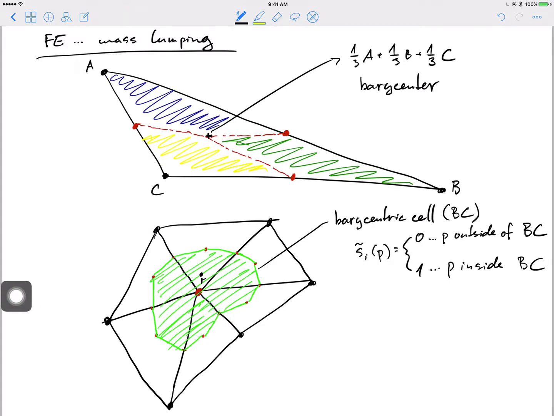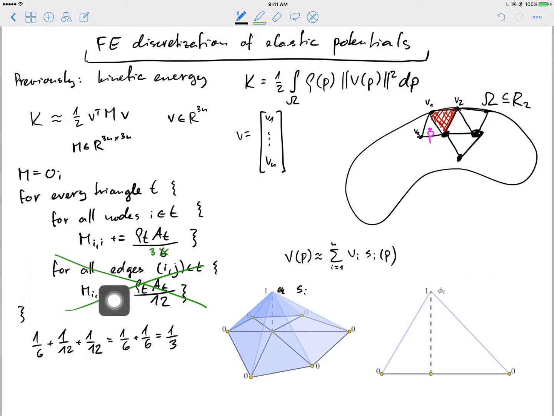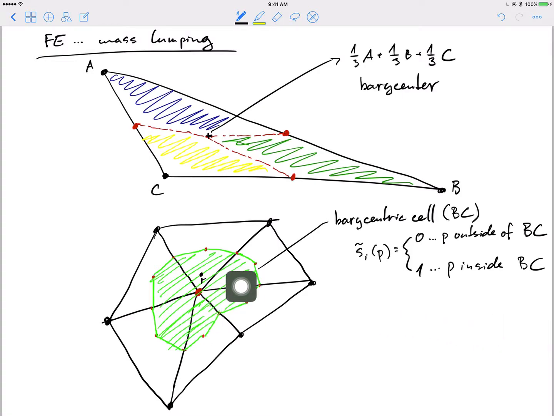If you compare it to the hat functions, it's a one order lower approximation, or one order less interpolation. The interpolation with the piecewise linear shape functions gives you a C0 function, C0 interpolation. This gives you a not even continuous interpolation, like C minus 1 in the order of continuity.